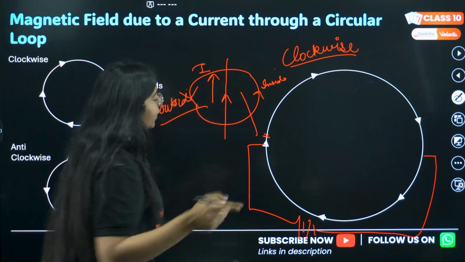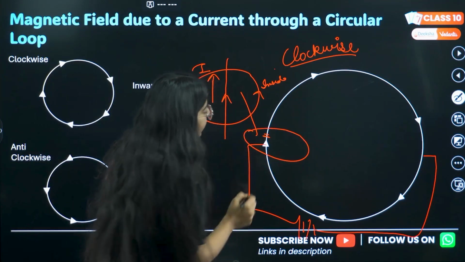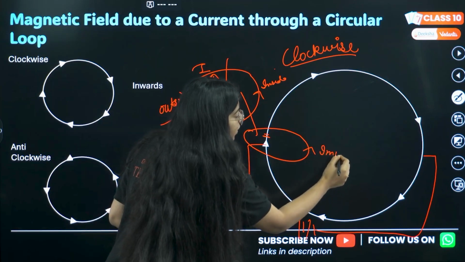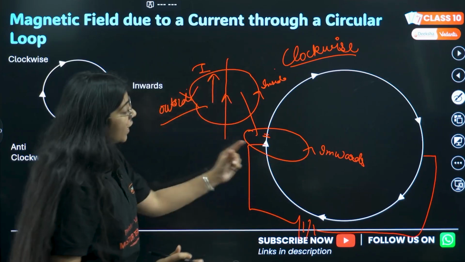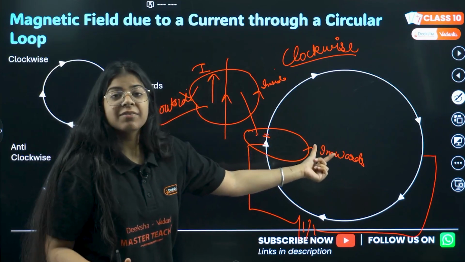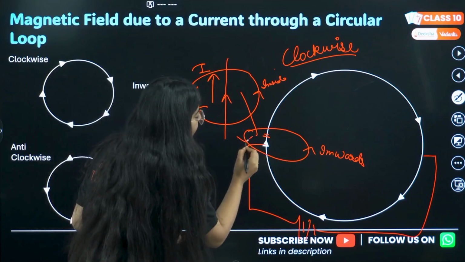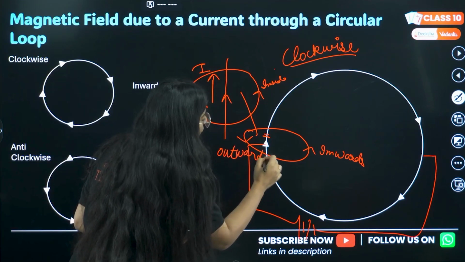So what is happening? At this point I'm choosing, the magnetic field lines are going inwards. Inside the loop, the magnetic field lines are going inwards, and outside the loop, the magnetic field lines are coming outwards. Understood? See how easy it is.